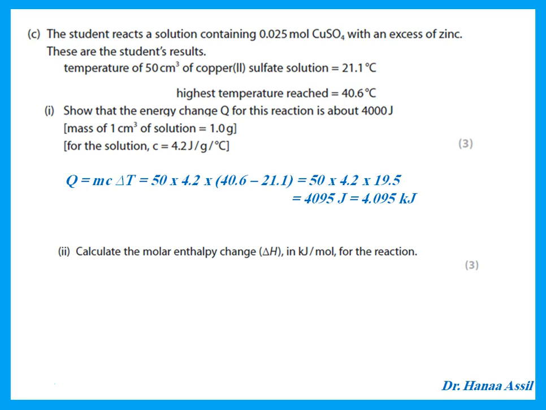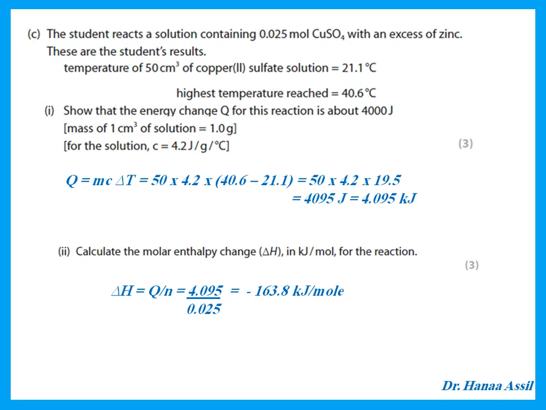Then he says calculate ΔH. You should know ΔH is Q over n. Now what is Q? It is what we just got, 4.095. What is n? Well, he wrote it up there. It's 0.025. Remember, ΔH must have a sign. Now, why did I decide that it's negative? Because I looked at the temperatures and I found that the temperature went from 21.1 to 40.6.